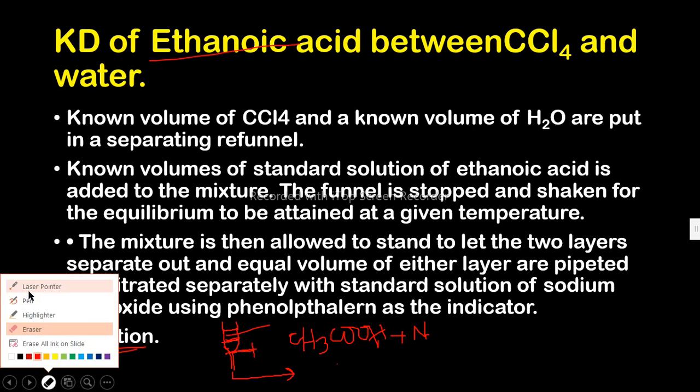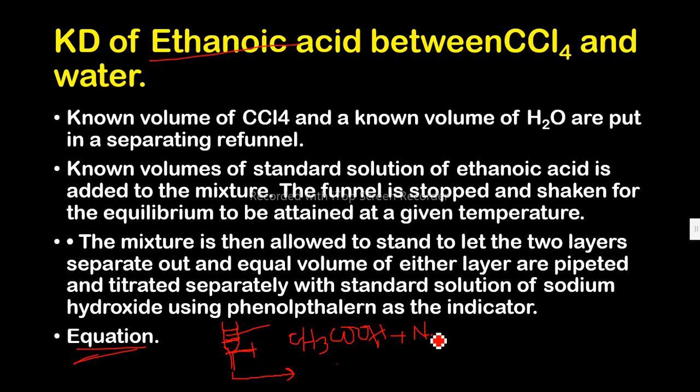From this equation, if you know the volume of the acid that has reacted with the volume of the aqueous layer, then we can determine the concentration of ethanoic acid in both layers.